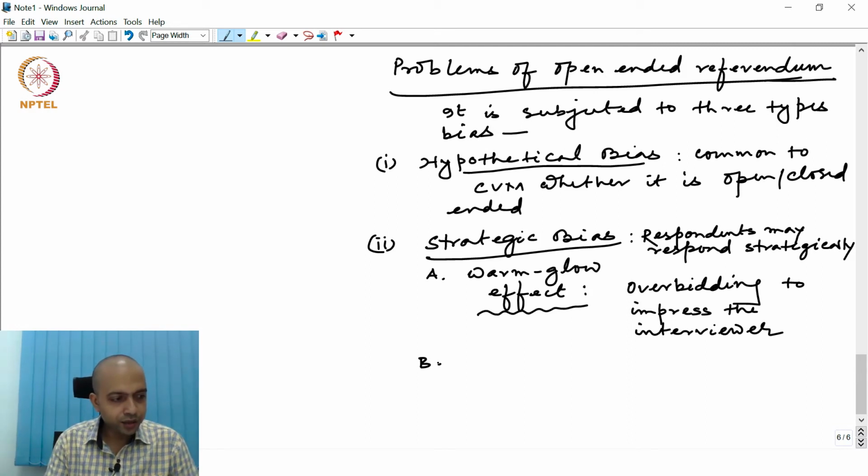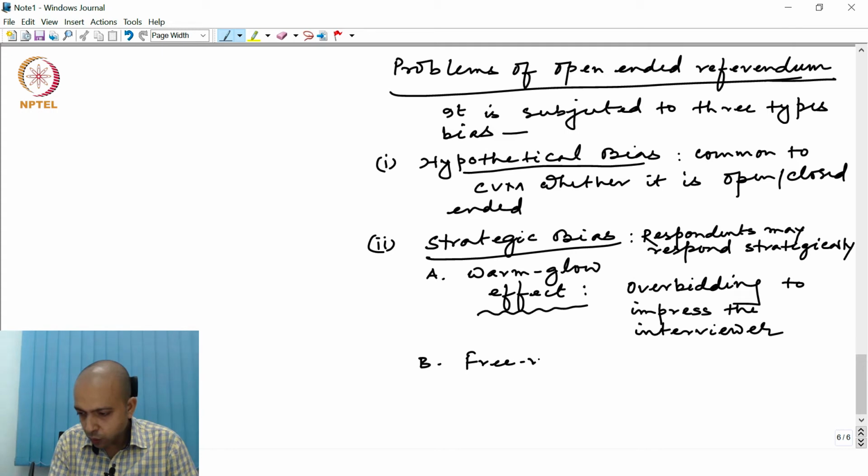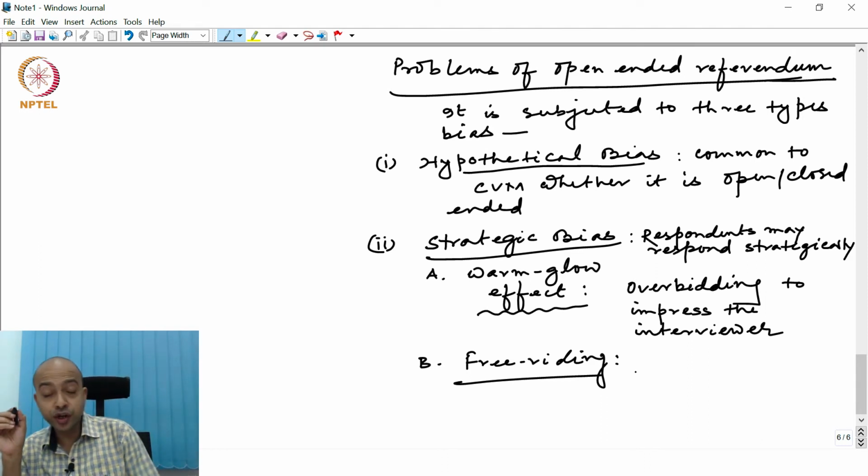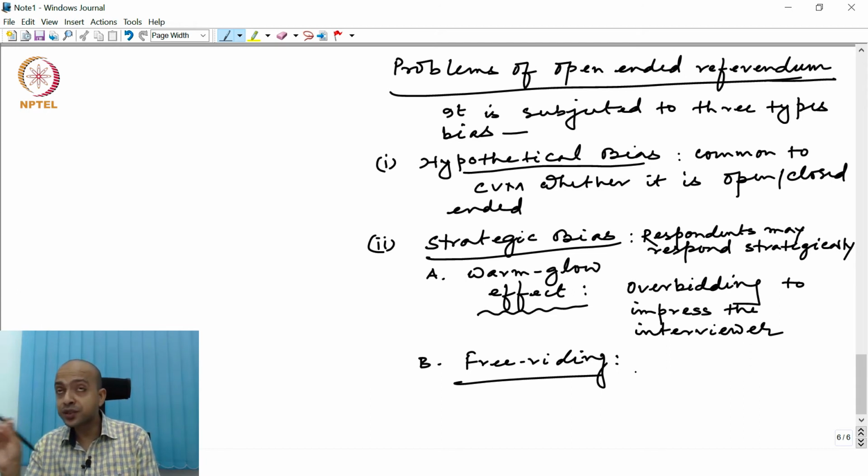Okay, and the second bias is the free riding problem. Some respondents, some households, may feel that if I say yes for a specific bid amount, then I actually need to pay, because they will note down my response, and who knows, maybe next month itself the government or local municipality may impose some amount of tax on the electricity bill or water or whatever.